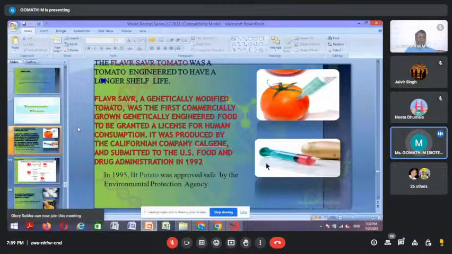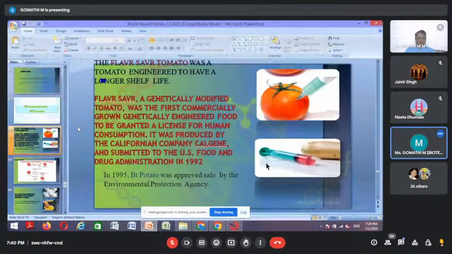This tomato was the first genetically modified tomato commercially available. It was produced by the Californian company Calgene and submitted to the US Food and Drug Administration in 1992. And after this, in 1995, Bt potato was approved safe by the Environmental Protection Agency.